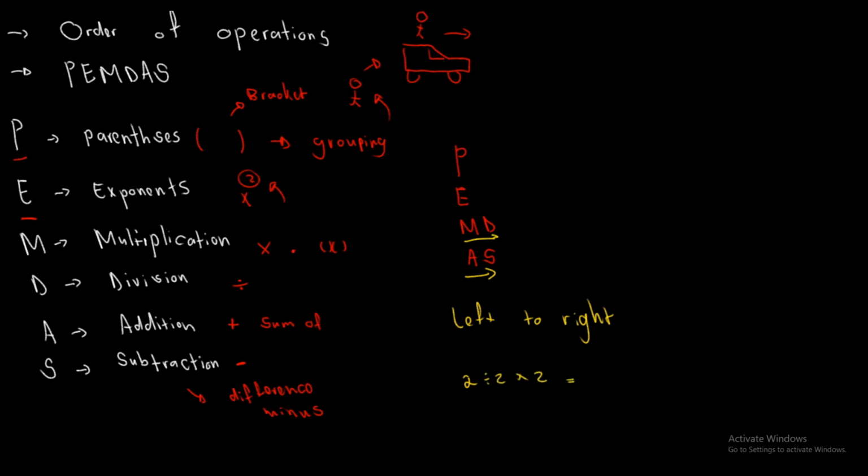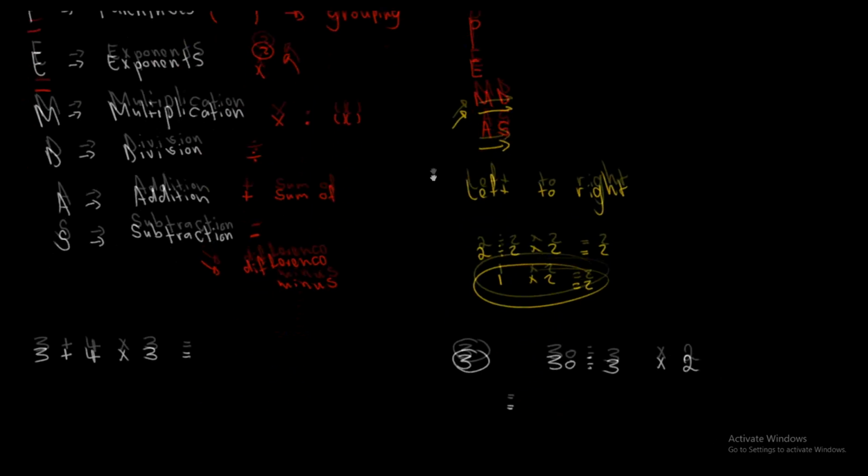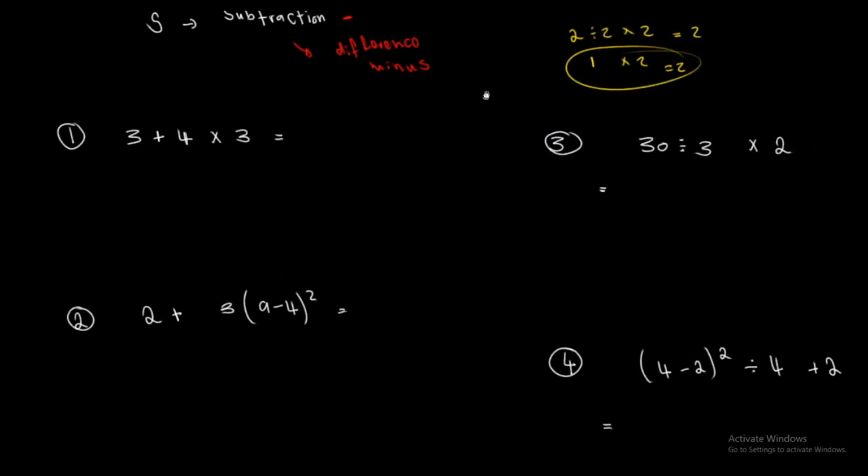In this case, even though we see multiplication is first, we're going to work from left to right because these two would be in the same category, the same as A and S, addition and subtraction. So 2 divided by 2 is 1, multiply 2, that gives me 2. What if you did it the other way around? 2 times 2 divided by 2 is 4 divided by 2, it's 2 as well. Anyway, maybe a bad example, but let's get to some real examples.